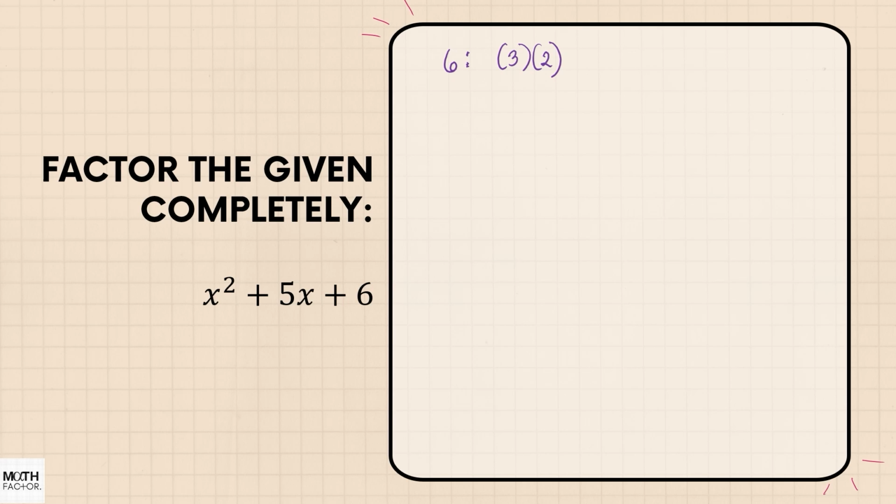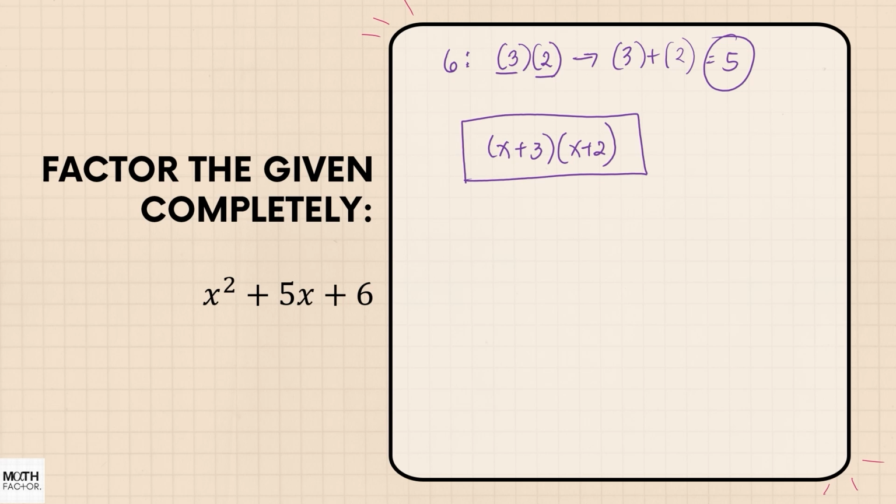If we add these factors, 3 plus 2, this gives us 5 as its sum, and it matches our middle term. So meaning, the factors that we're looking for are 3 and 2. So let me just write it as x plus 3 and x plus 2. So these are our factors of this given trinomial.